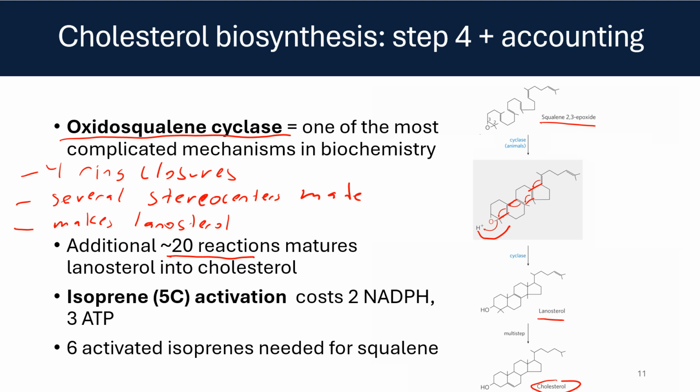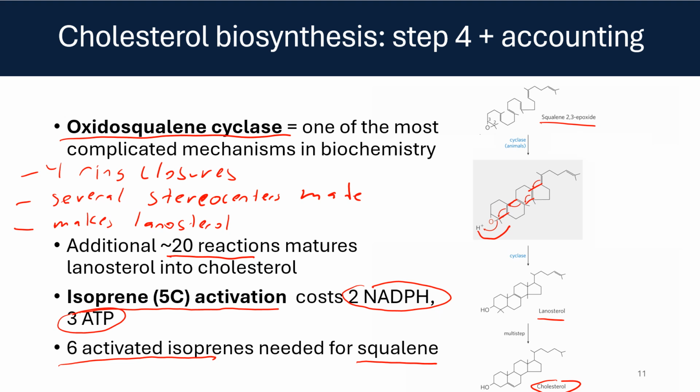Each isoprene activation is going to cost us 2 NADPH units and 3 ATP molecules. And remember, we're going to need 6 activated isoprenes in order to make this squalene molecule that we're going to wind up into lanosterol, which will eventually be converted into cholesterol.